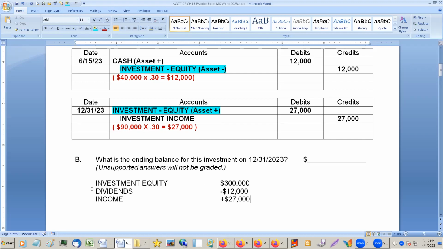And by the way, if you look at this, it's subtracting dividends and adding income. This is the same thing as your statement of retained earnings. I put these so far out. Okay, so this will be our beginning, and I messed up my spacing again.